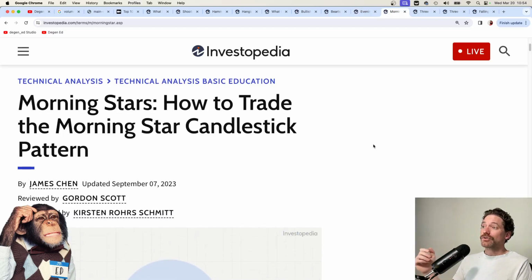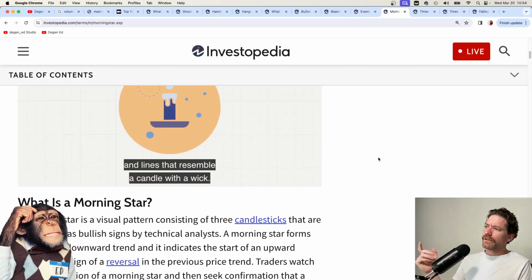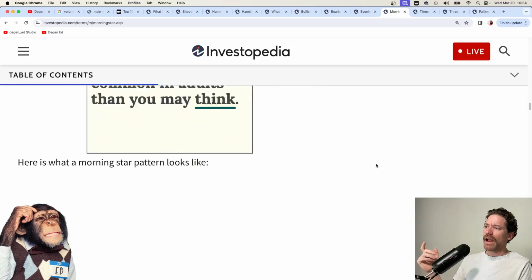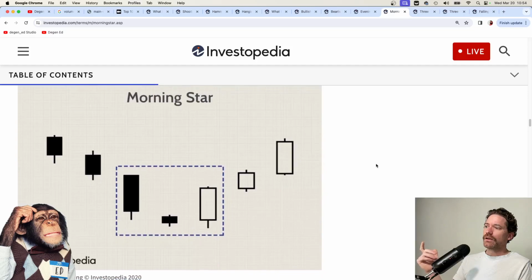And so how to trade the morning star pattern. Let's look at this. I'm just going to scroll down to see if there is a nice graphic of it. Yep, so here we do have a morning star, big red candle or black candle in this example, and then basically kind of making a U shape in the chart. Then you have this morning star that suggests a continuation.